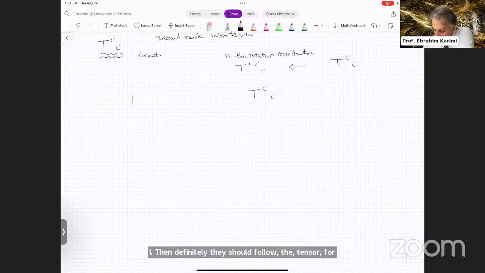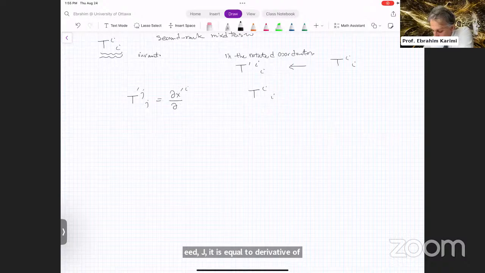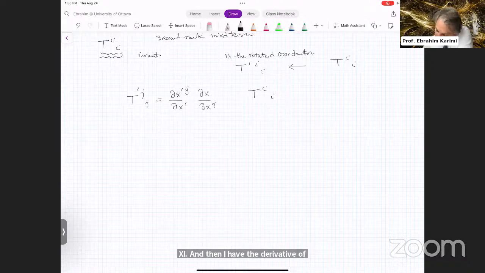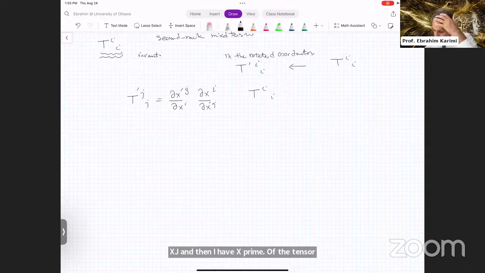So indeed, T prime j j is equal to the derivative of x prime j with respect to xi, and then I have the derivative of xj with respect to x prime j, and then the tensor. Okay, let's go with a very general formalism.